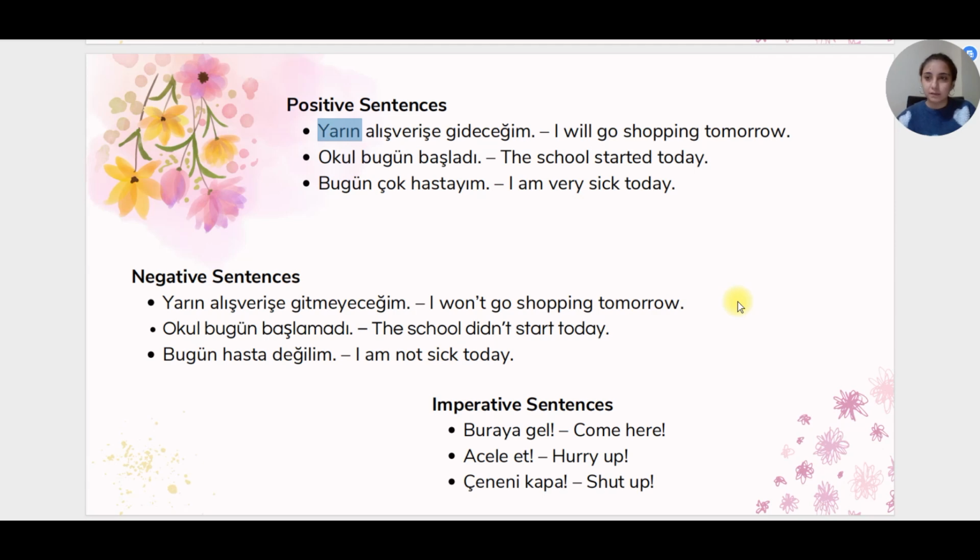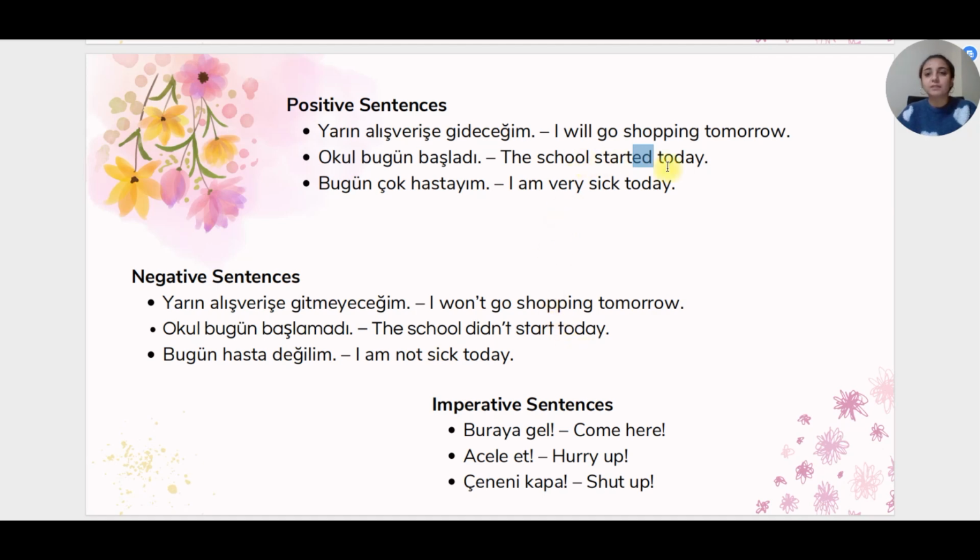And next sentence, okul bugün başladı. Okul is school, bugün is today, başlamak is to start, and the ı is the simple past tense suffix instead of this ed part.